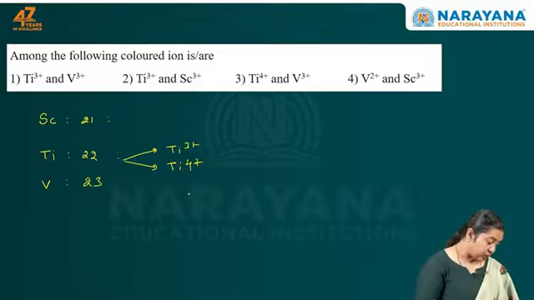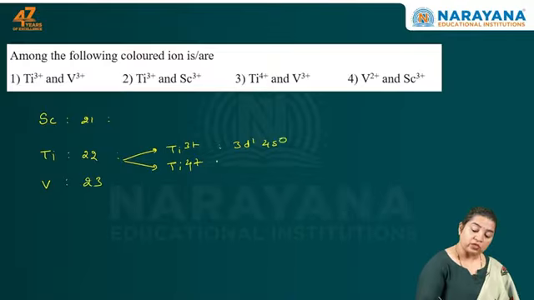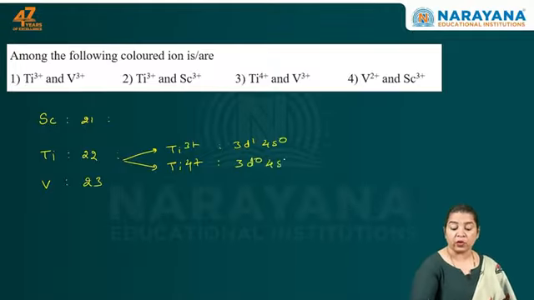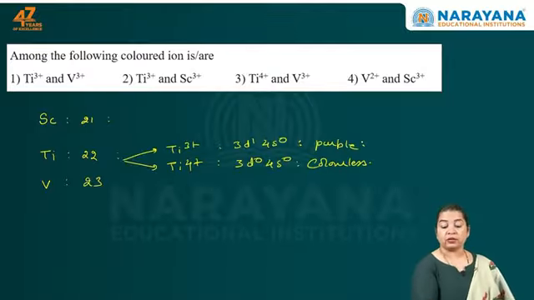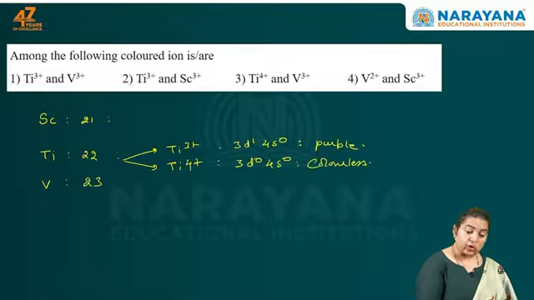If so, titanium 3 plus is 3d1, 4s0 and titanium 4 plus is 3d0, 4s0. First, let me conclude, with no unpaired electron, this is going to be colorless, whereas titanium 3 plus is found to be purple in color. There is one unpaired electron.